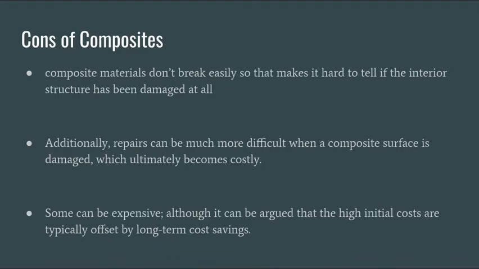So another con is that repairs might be more difficult when using a composite because those 2 materials are set in a mold and are made into a solid. So when that is damaged, that whole composite is damaged, and you can't really fix something like that. You have to just remake that composite totally. You can't glue together a crack in that solid, or try to piece it back together.